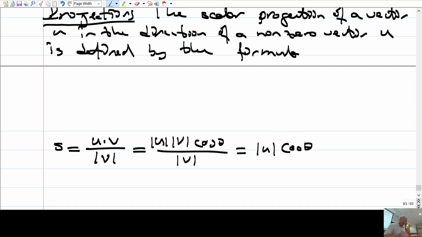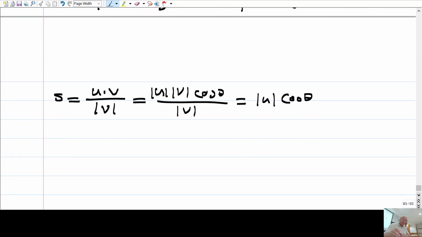And what is this? Let me say it this way. Suppose this is the vector v and this is the vector u. So the projection of u along the vector v is the following.